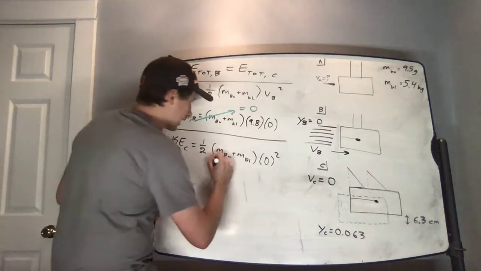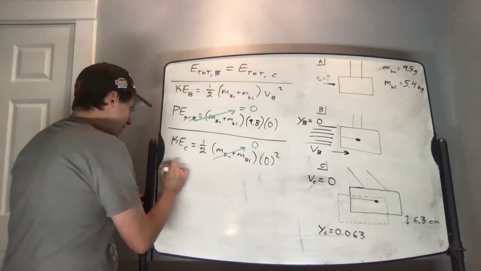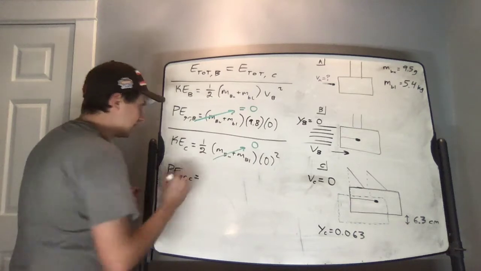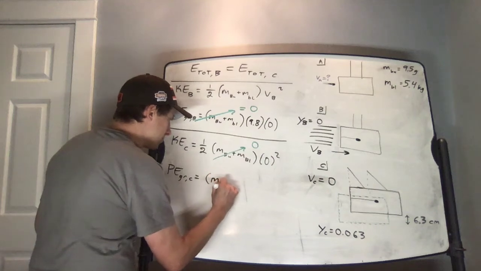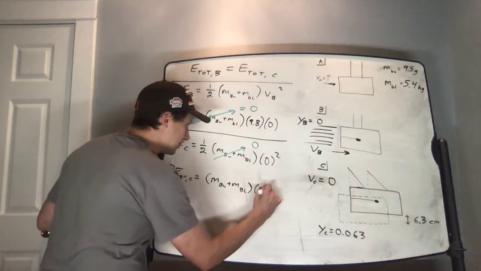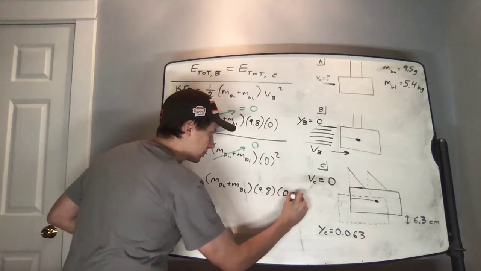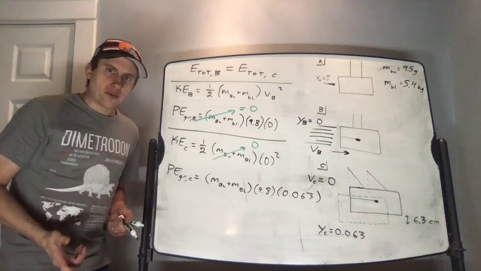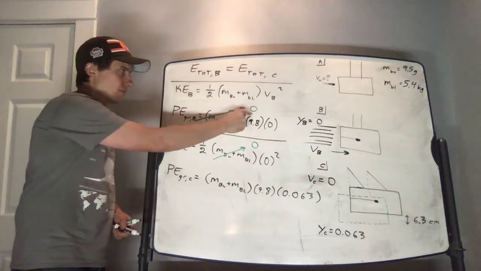So the kinetic energy at this moment is 0, and I could say that the potential energy due to gravity at moment C is going to be mgy. So mass of the bullet plus mass of the block times 9.8 times the height, which is 0.063 meter.